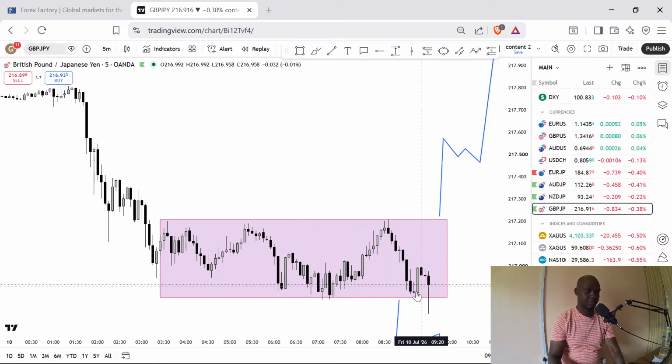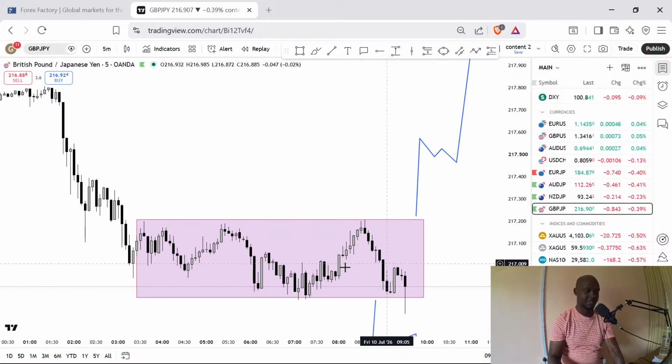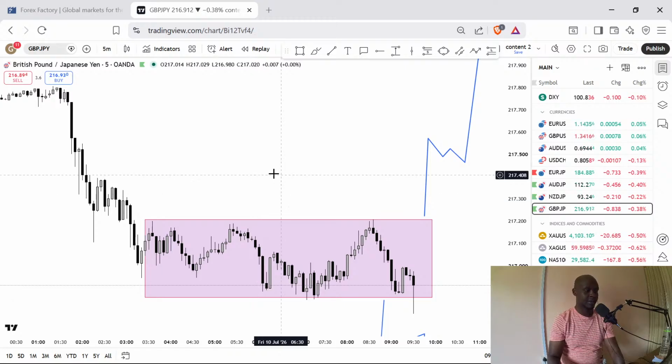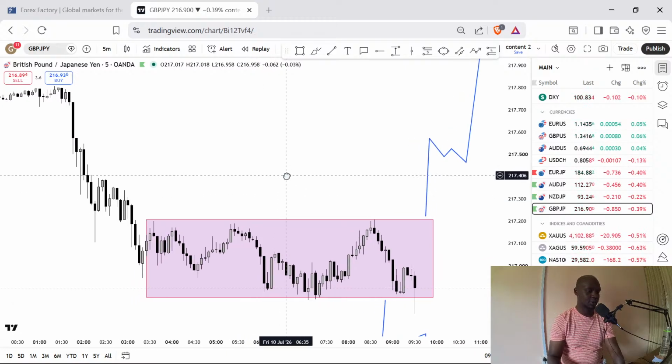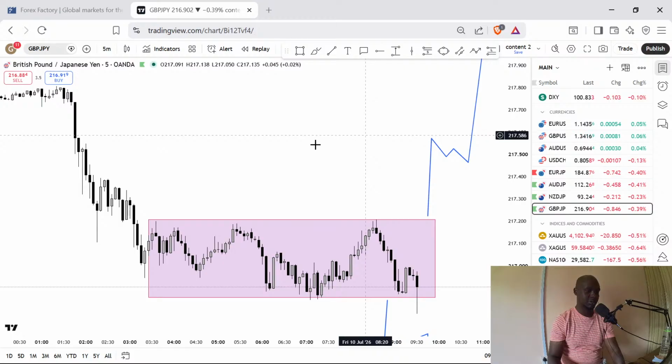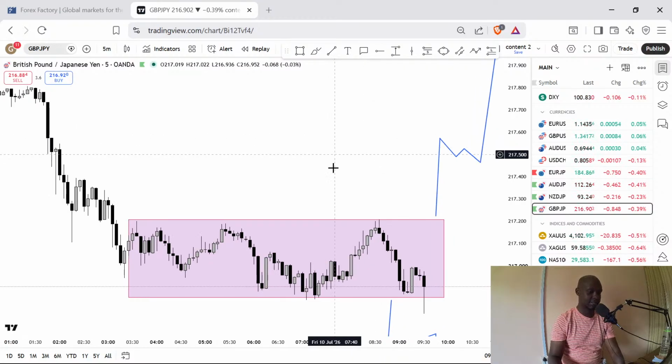If this candle closes with this large wick, I will not expect prices to continue pushing lower, but that does not mean that we are not going to continue pushing lower. But if we get this close with this large wick and we start pushing higher, we're going to get buyers taking control of the market from that point onwards, pushing prices higher. So let's just wait and see.